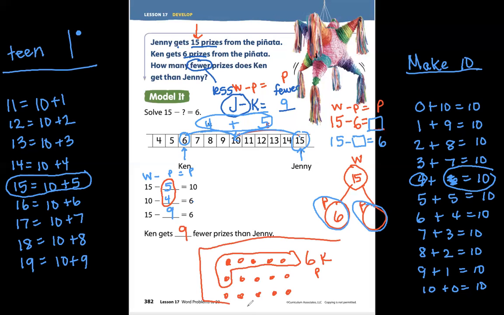The total was how many Jenny had, 15, because we are seeing how many more Jenny had, or how many fewer Ken had. Jenny has 1, 2, 3, 4, 5, 6, 7, 8, 9 more. Jenny had 9 more candies than Ken.